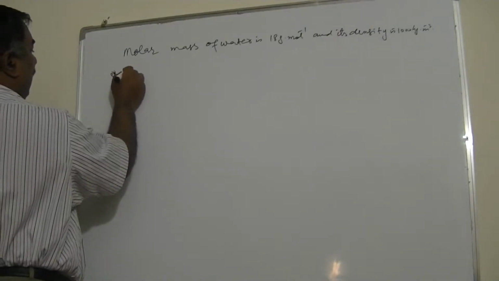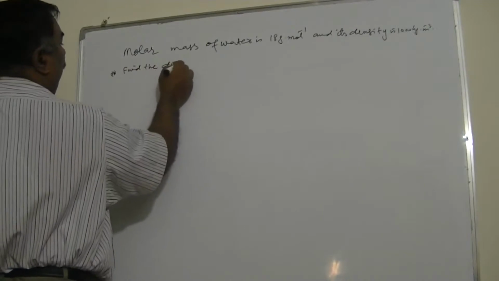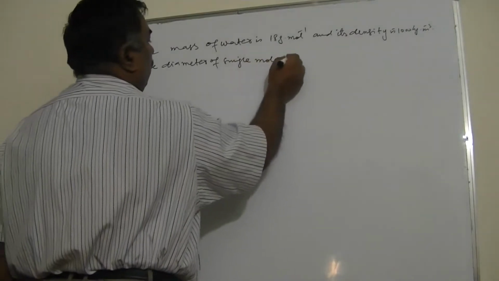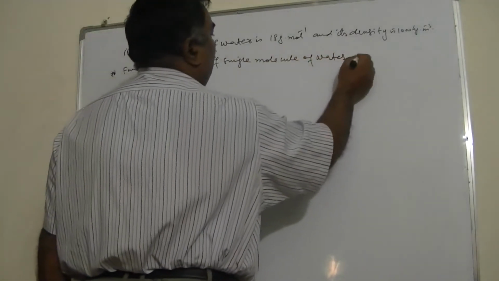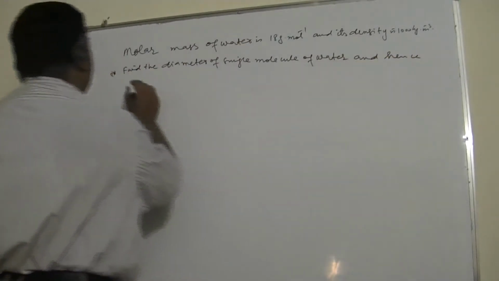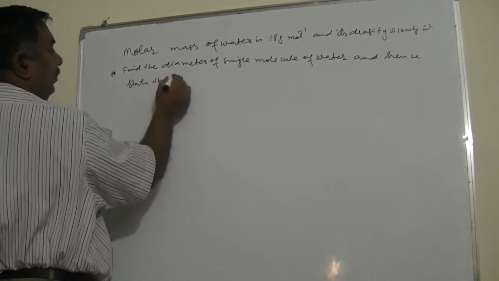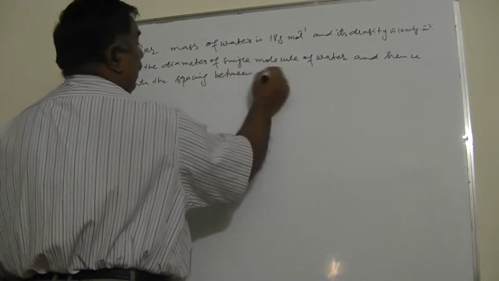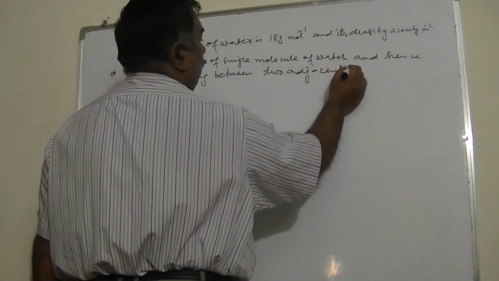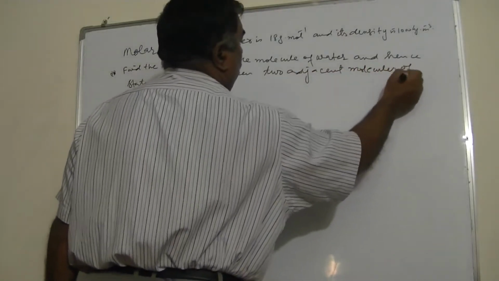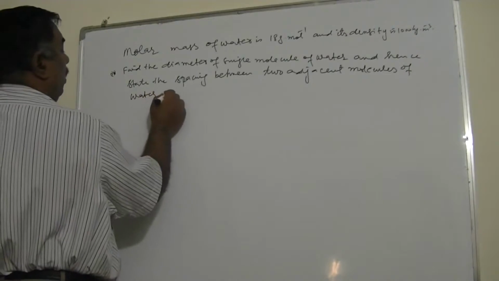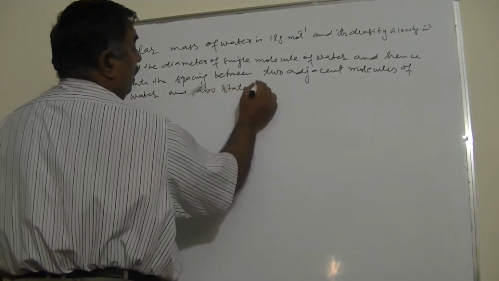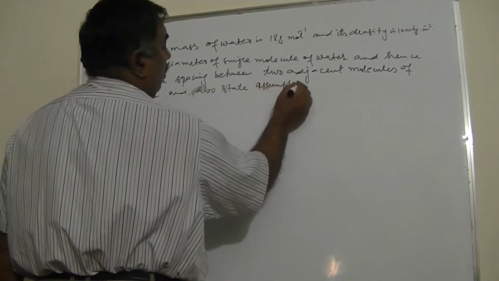He says find the diameter of a single molecule of water and hence state the spacing between two adjacent molecules of water, and also state assumptions you have made.